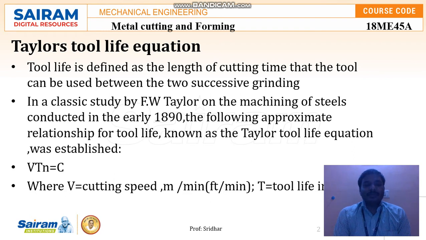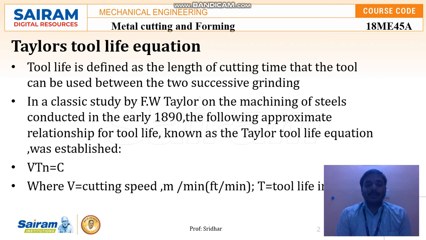So the tool life is defined as the length of cutting time that the tool can be used between two successive grindings. That is, the exact cutting time taken between the first grinding and the second grinding is how the tool life is defined.